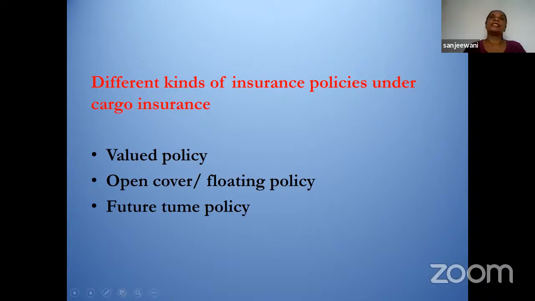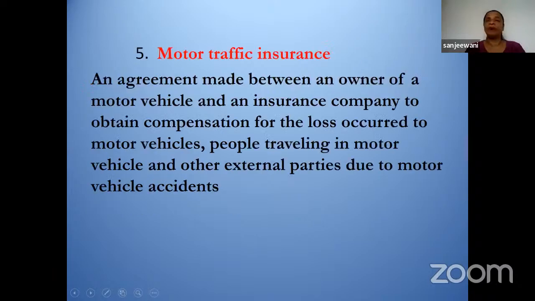Then the next insurance is motor traffic insurance. What do you mean by motor traffic insurance? It is an agreement made between an owner of a motor vehicle and an insurance company to obtain compensation for the losses occurred to motor vehicles, to people traveling in motor vehicles, and to other external parties, due to motor vehicle accidents.